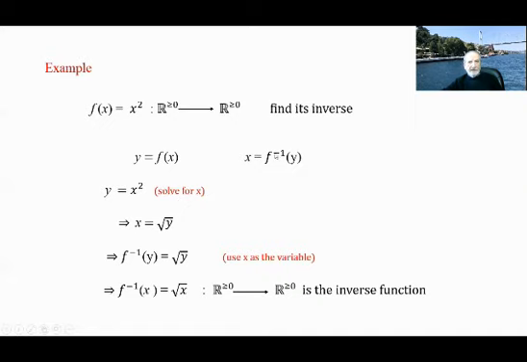This x is this function here. So f minus 1 of y is equal to square root of y. And again, here we use x as the variable. So f minus 1 of x is equal to square root of x. It's a function from the non-negative real numbers to the set of non-negative real numbers. That's the inverse function.